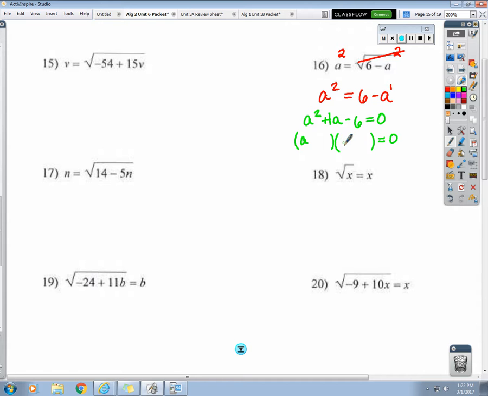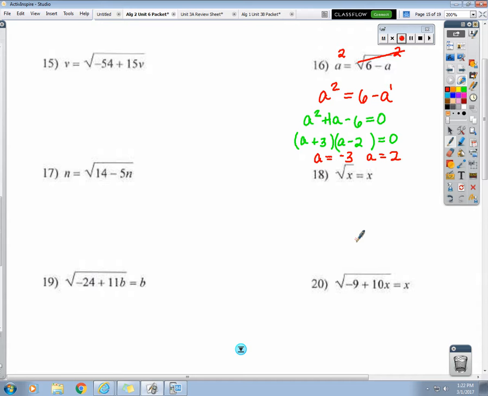What numbers will add up to 1 and also multiply to negative 6? Positive 3 and negative 2, right. Because 3 plus a negative 2 is 1. 3 times a negative 2 is negative 6. So that means our final answers will be what and what? Negative 3 and positive 2.